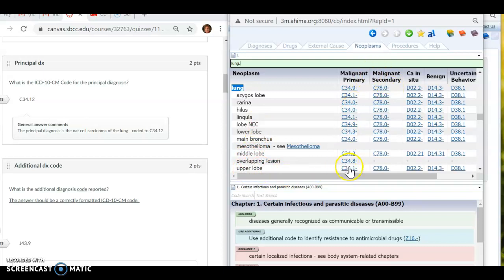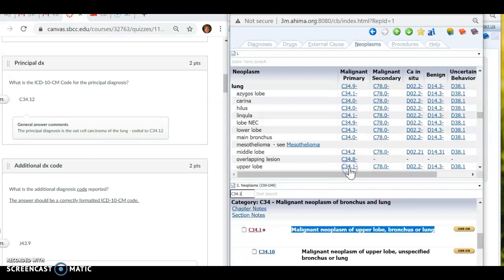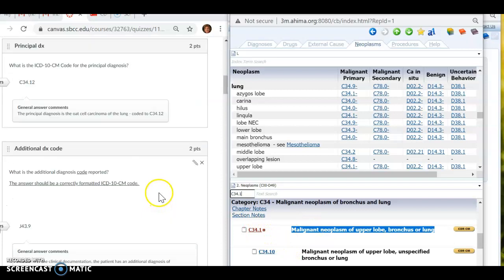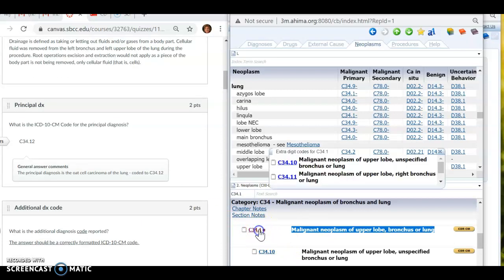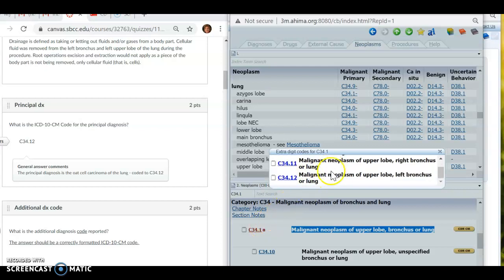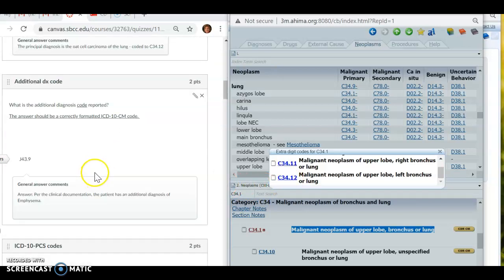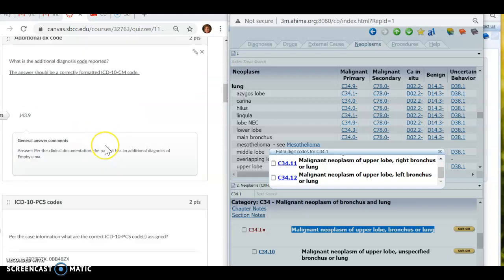And this is malignant primary. So we have C34. I'm going to click on that. And right here, it's upper lobe, left bronchus or lung. So that gives me my diagnosis. And then the additional diagnosis here, we are going to have the emphysema.